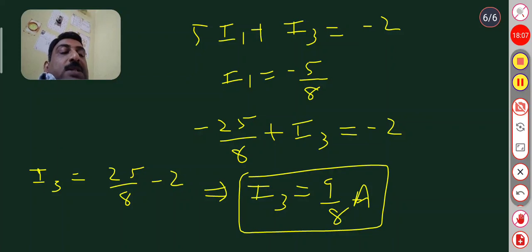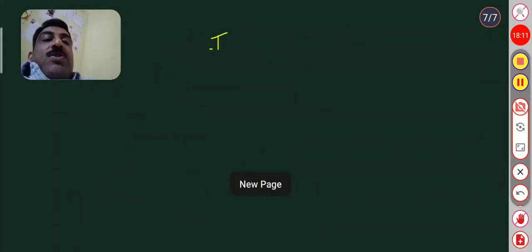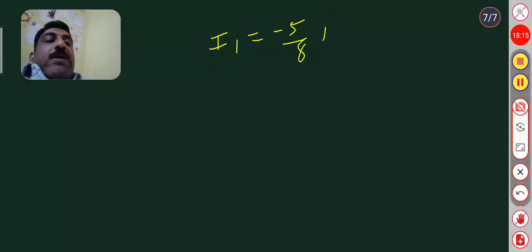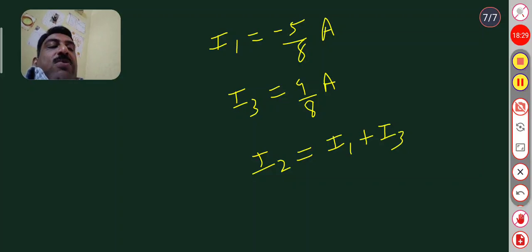And what is I2? I1 is equal to minus 5 by 8 ampere, I3 is equal to 9 by 8 ampere. So you find I2, which is equal to I1 plus I3. When you add, you will get I2 is equal to 1 by 2 ampere.